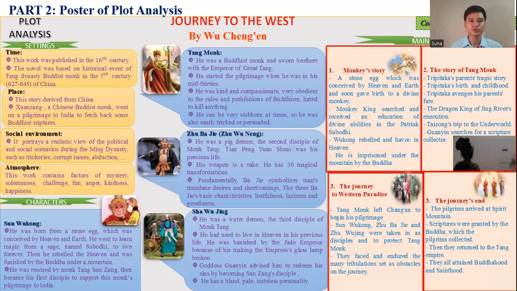Tianpeng Yuanshuai was his previous life. The impressive thing that he made to the audience is his weapon. You know, his weapon is a rake. He has 36 magical transformations.